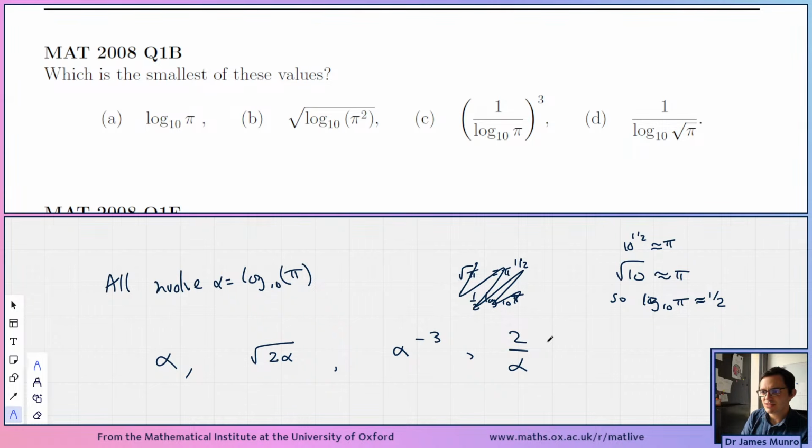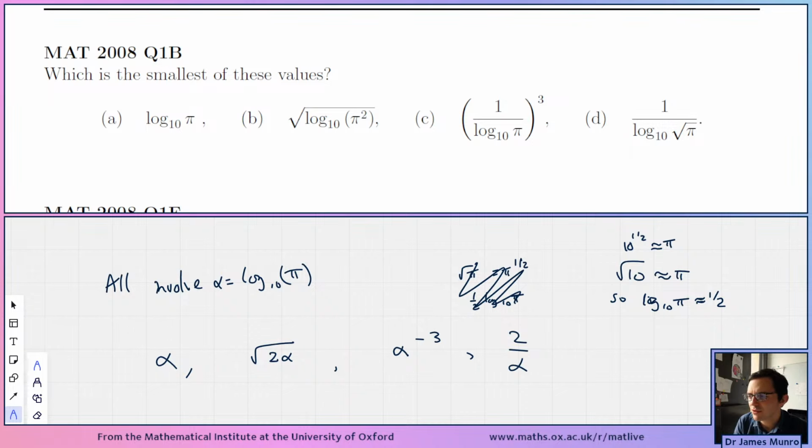Yeah, like a log base 10 of pi is a good idea. So then we need to decide which ones of these are biggest. I guess A, or alpha or whatever I'm calling it. It was X in chat as well. What do you need to know? The smallest of these values.